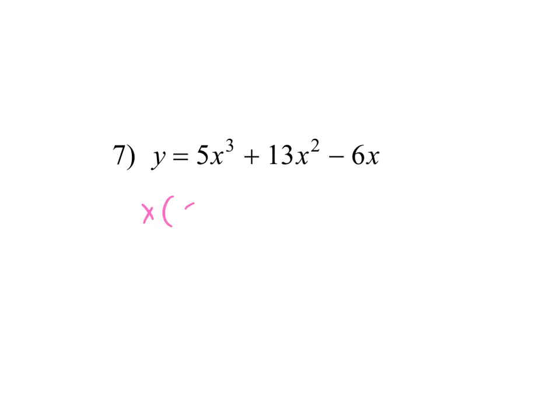So we're left with 5x squared plus 13x minus 6. What do we do next? Find the factors of negative 30. Awesome, so we multiply the 5 and the negative 6 together, so we need our factors of negative 30 that add up to positive 13. So what would they be?